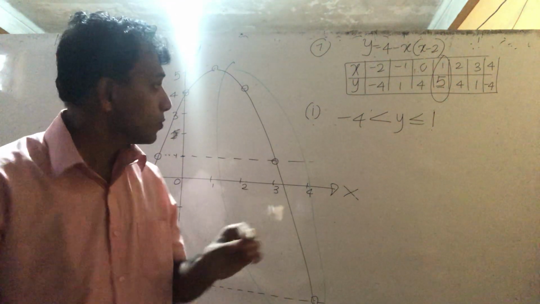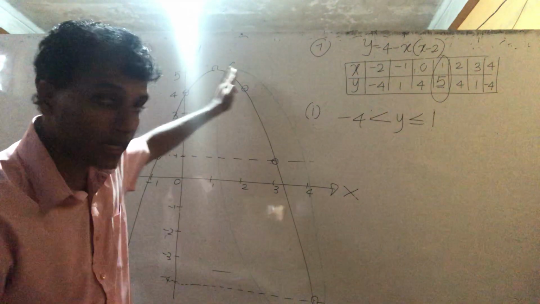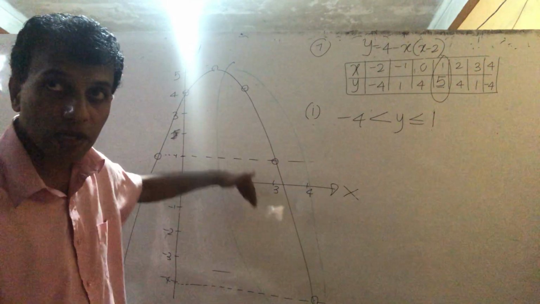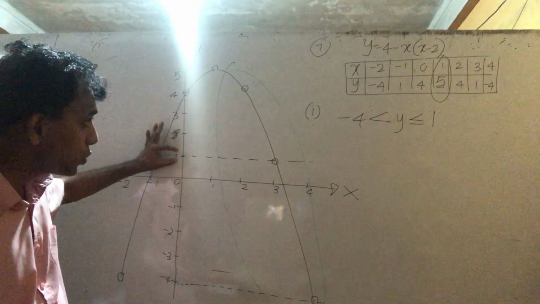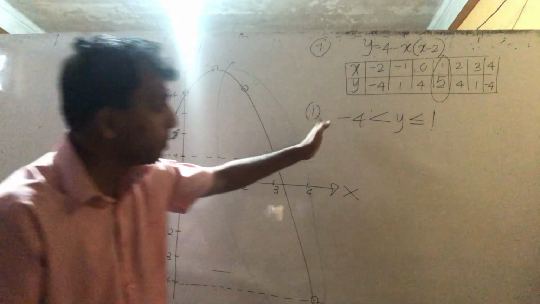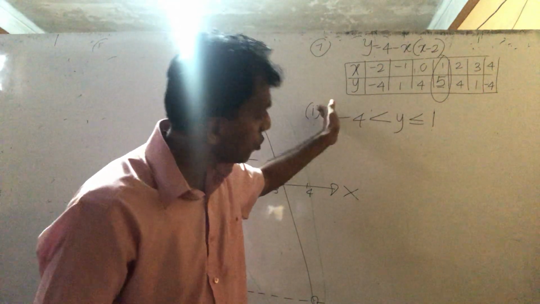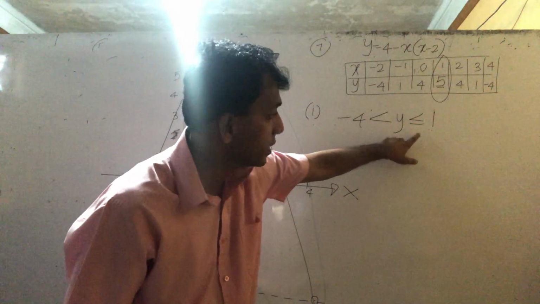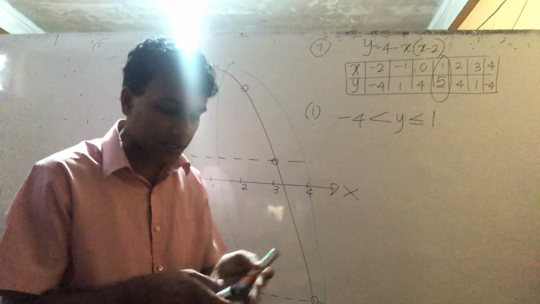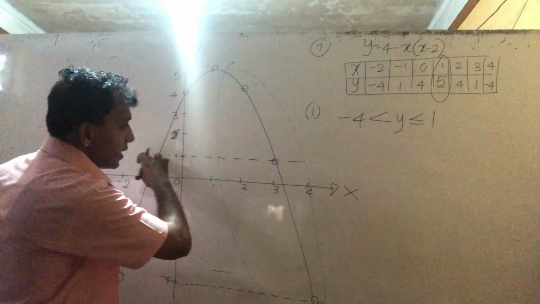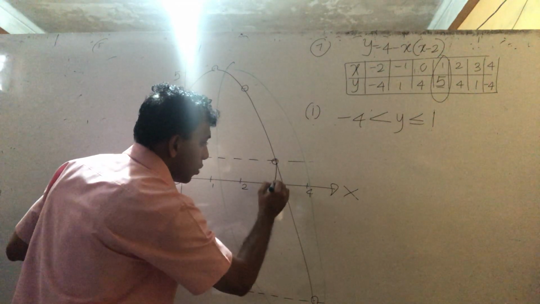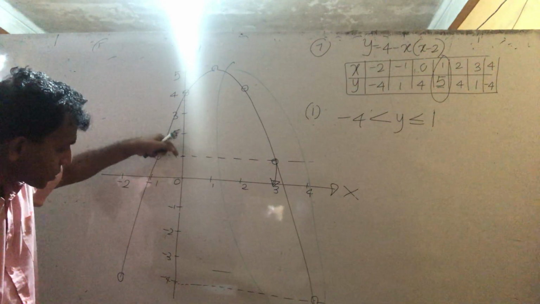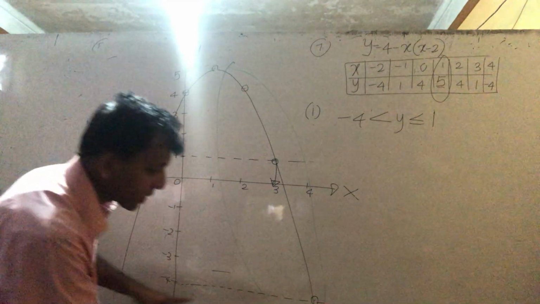So you find the decreasing section when y goes from 1 to minus 4. Here they showed the equal symbol also. What is the x boundary? This line cuts the graph here, and where y comes down to minus 4, it cuts here.